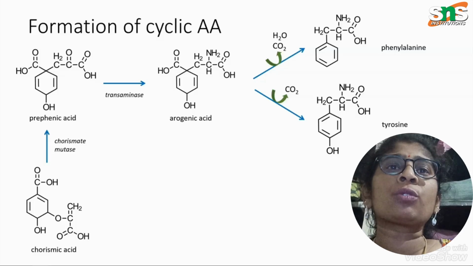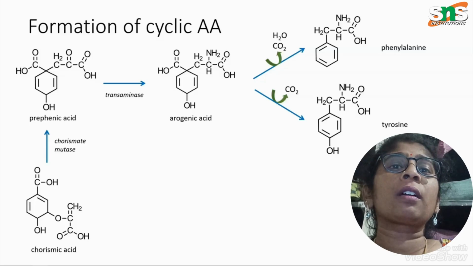Here's an easy way to remember: PEP and E4P shake hands to give birth to DAHP, step by step form shikimic acid, which grows into chorismic acid and finally gives rise to aromatic amino acids.